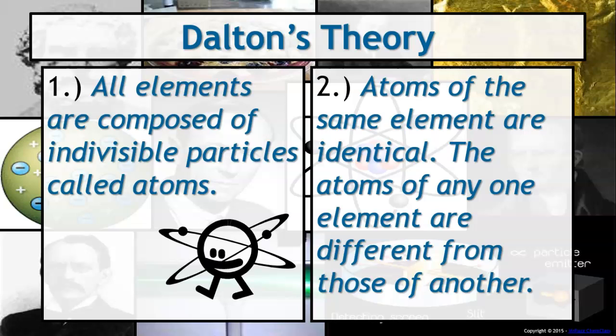All carbon atoms are exactly the same. However, he's also saying that oxygen atoms and carbon atoms are not alike, that they are different from one another. And we could say this about any of the elements of the periodic table according to John Dalton. If you need to pause the video right now to finish writing this information, you may do so.